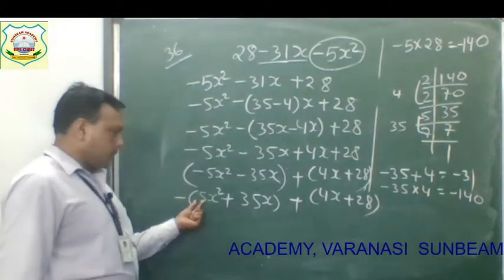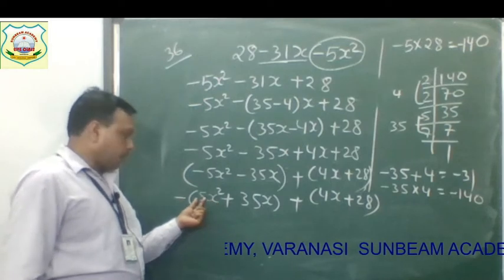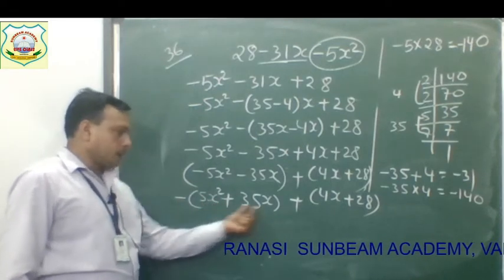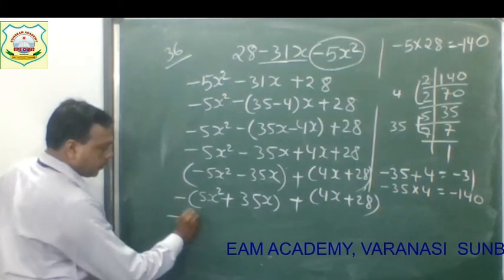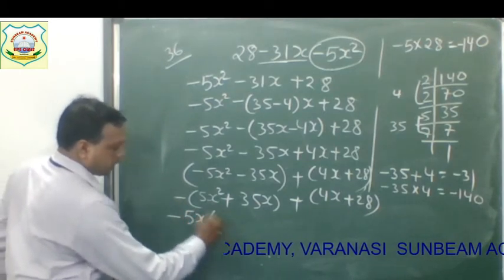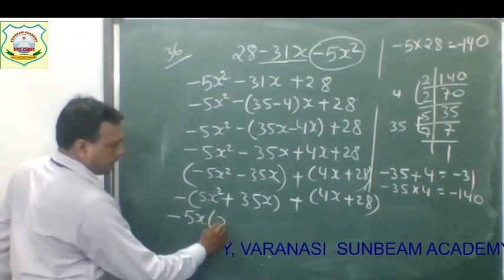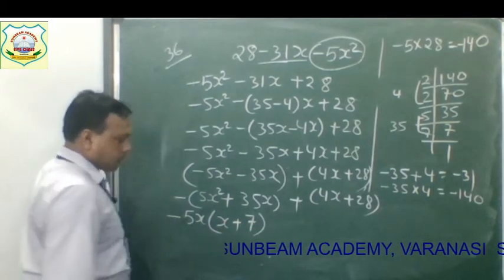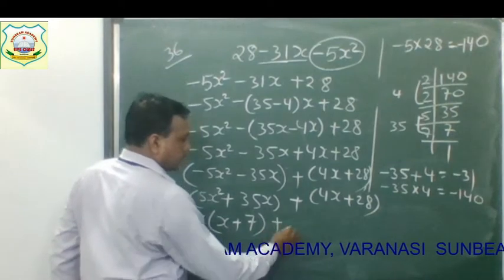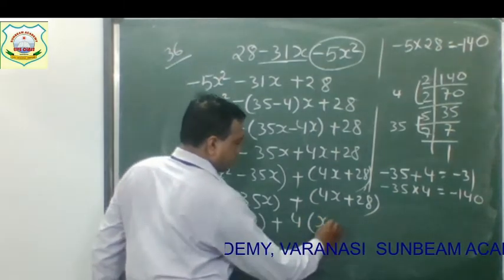We will take common 5 and x, because 5 can divide 35, and for x square and x the least power is x. Minus is the same; 5x we have taken outside. So what will come? Only x plus 7. Plus 4 we will take common, x plus 7.